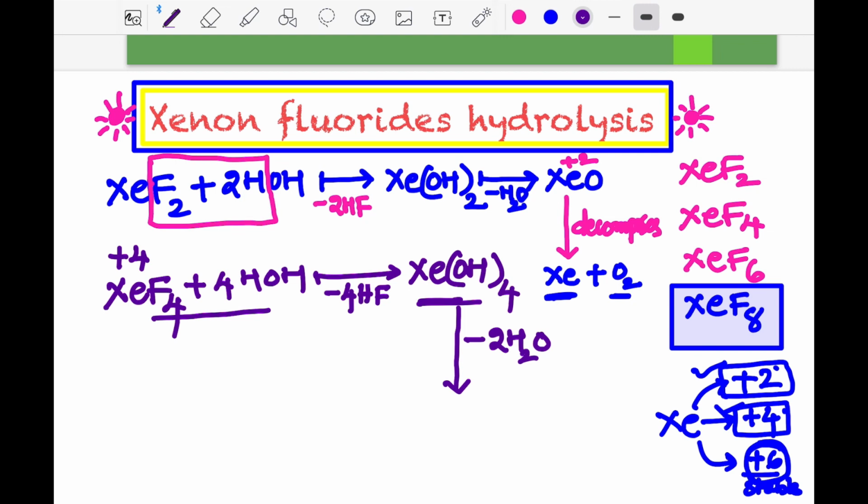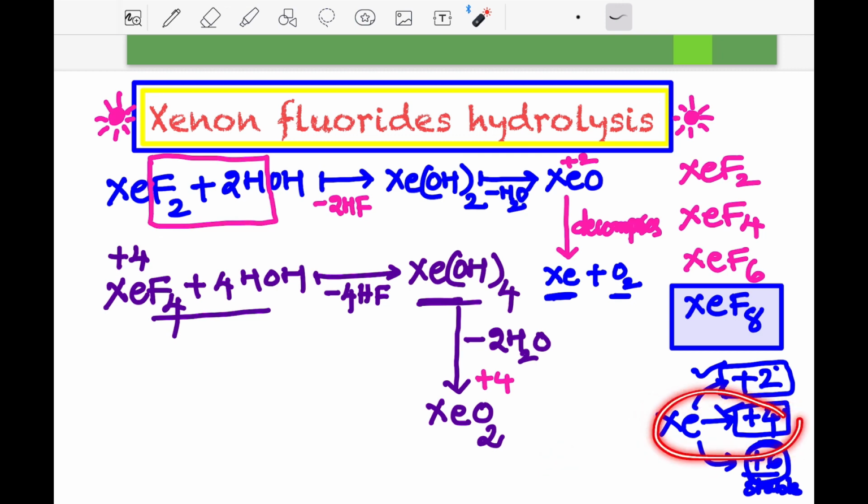If it loses 2 water molecules, 2 out of 4 oxygens are gone with water, and it has got XeO2. In XeO2, xenon exhibits oxidation number 4, which is an intermediary oxidation number, which again has to disproportionate. So we'll go for disproportionation.